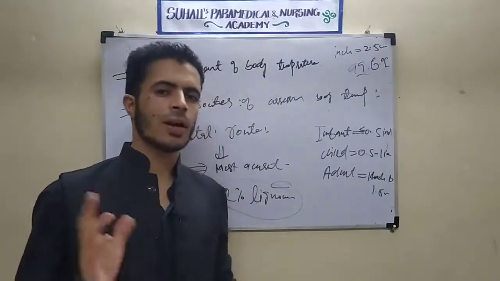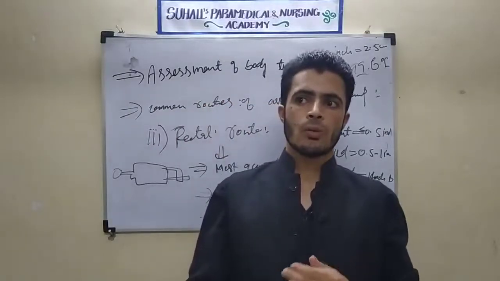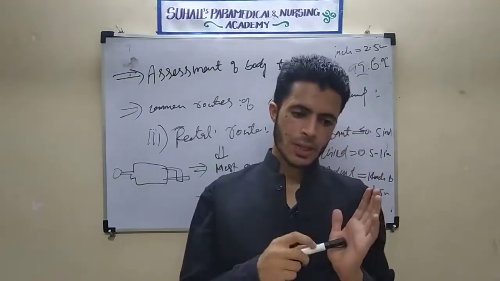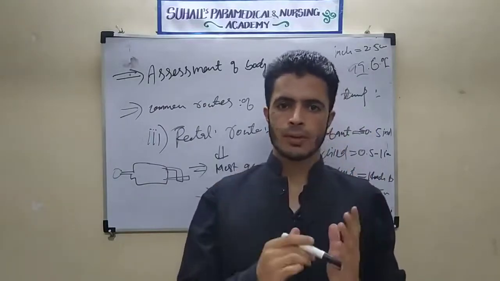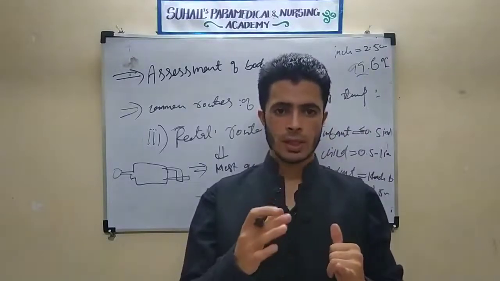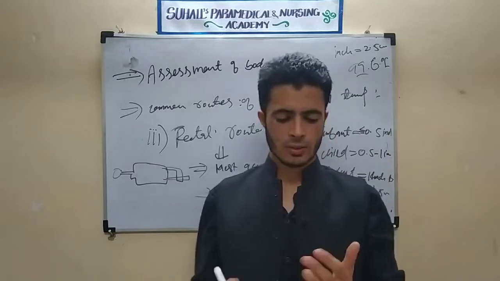Remember, what are the contraindications for assessing rectal temperature? For which patient should we not take rectal temperature? One is a patient having hemorrhoids. These are diseases that I can't explain here because it takes a lot of time.